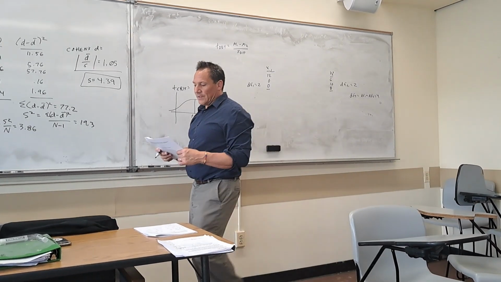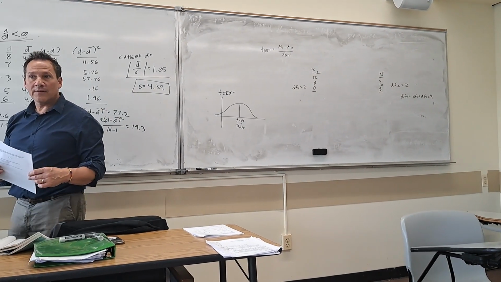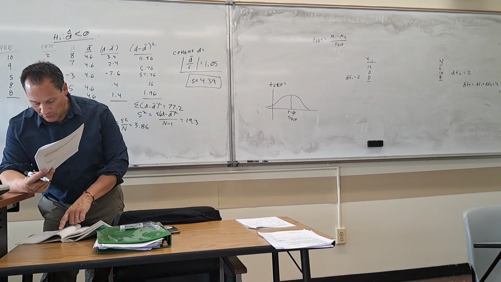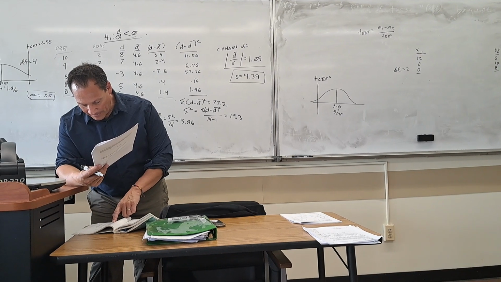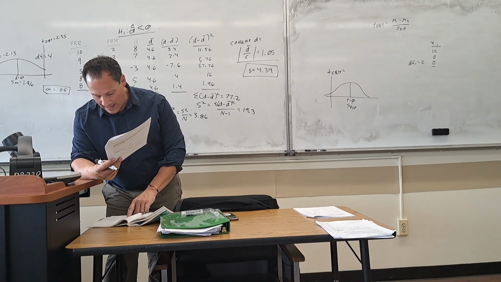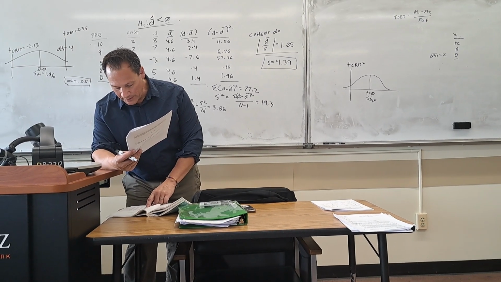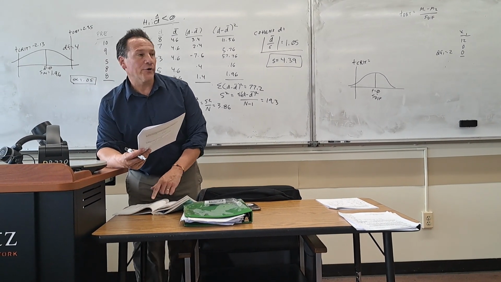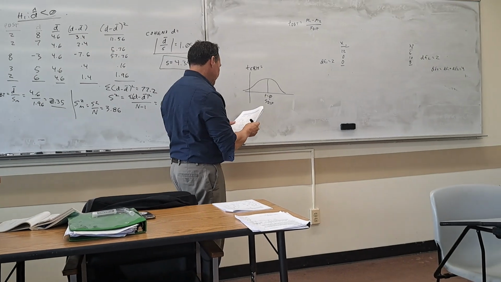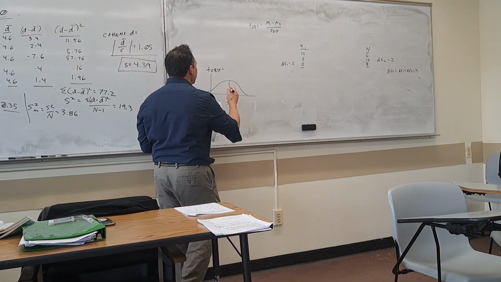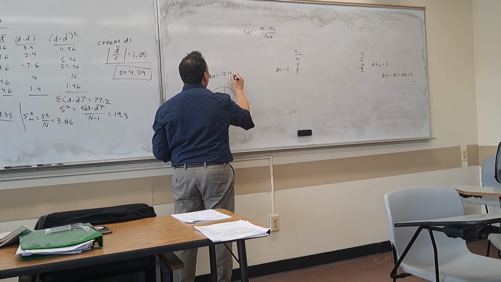We're told alpha is 0.05. This is also a one-tailed test, so I'm going to look in the book, and I'm going to see that t critical equals 2.13. In this case, negative 2.13.